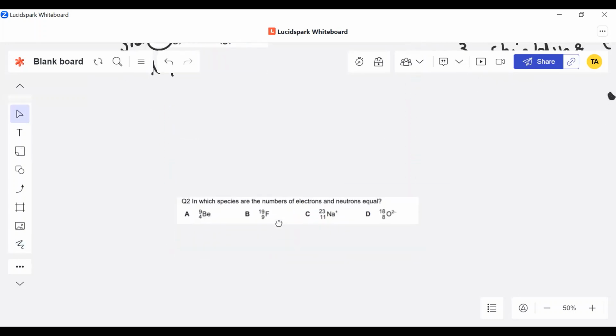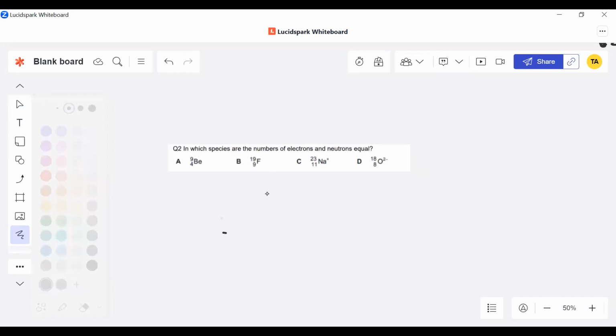This one right here, I picked it up from a recent exam, the IMAT 2020. This also comes in A-level exams. So I'll give you 1 minute to solve this. If you can't, I will solve it myself.